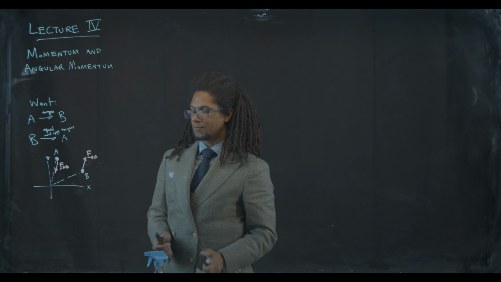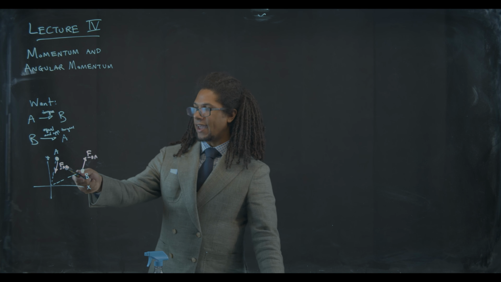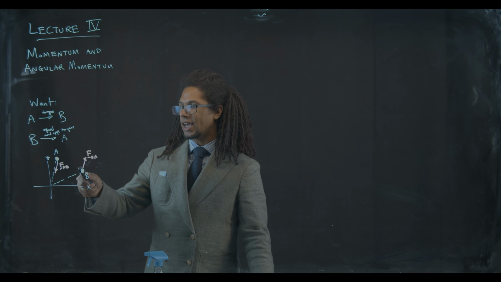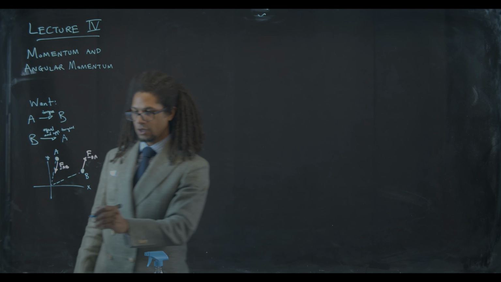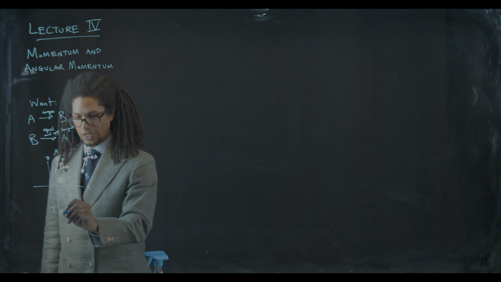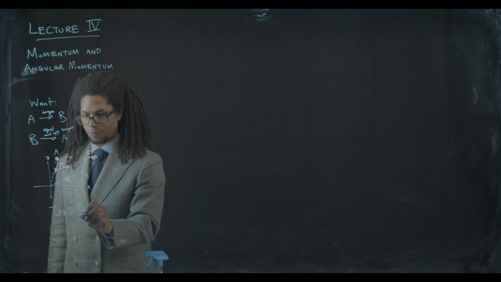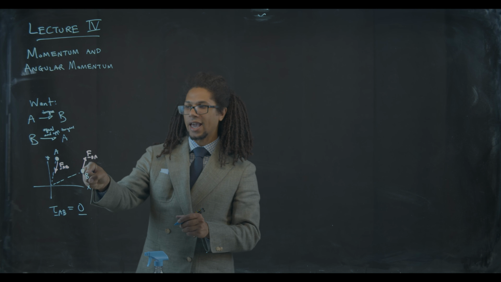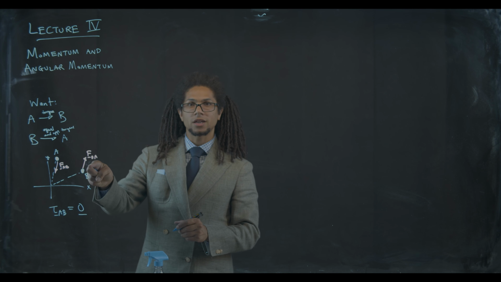So what's the point? The point is that F_AB is collinear with r_A. So B has now exerted zero torque on A. So tau_AB is equal to 0. However, we can see that tau_BA is not going to be equal to 0.